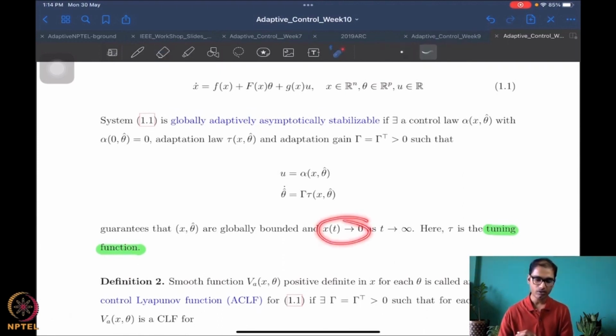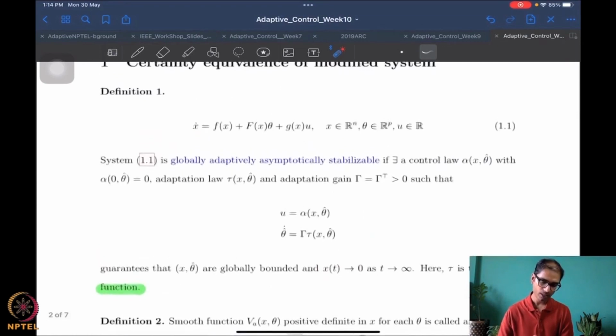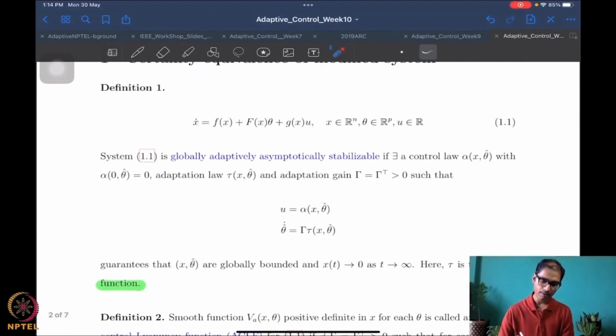So this is slightly different from the previous construct. Also, this definition is not in terms of any Lyapunov candidate. There's no V in this definition, but of course it should be evident that if such conditions hold, then there must exist such a V. This is one of the key definitions which we will use: global adaptive asymptotic stability, or globally adaptively asymptotically stabilizable.